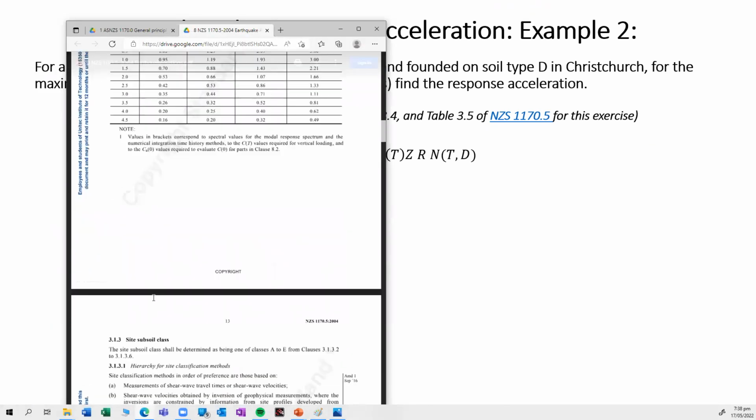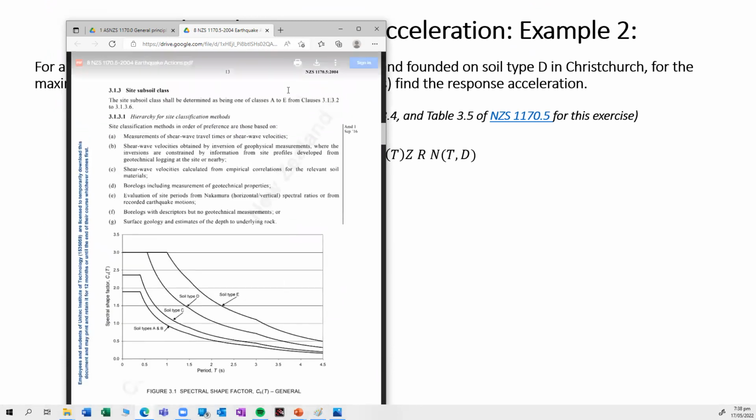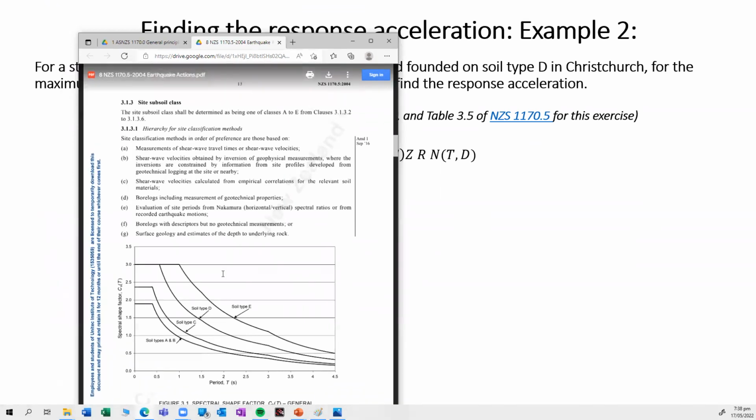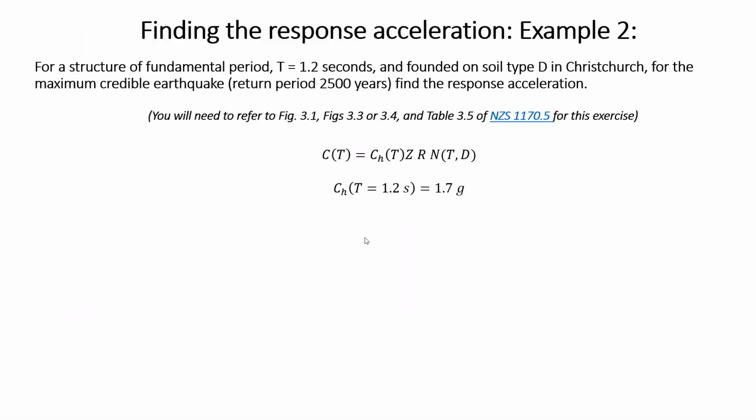Let's read it off the chart. T is 1.2, and the soil type is D. So it's somewhere up here, and I estimate about 1.7 G. Okay, 1.7 G, say.